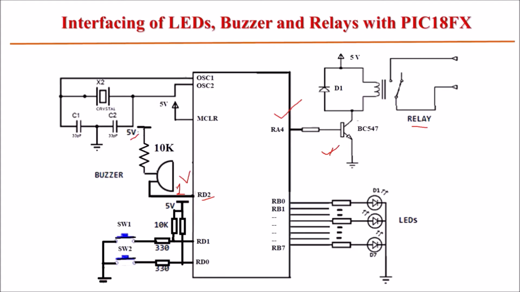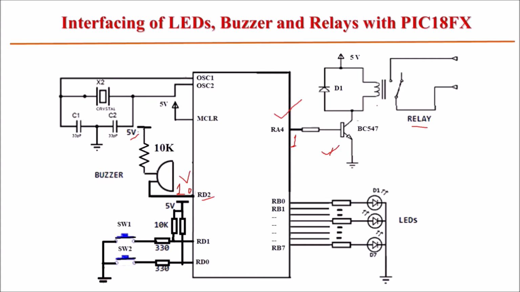So whenever we provide logic 1 through RD2, both terminals will be at the same logic level, so the buzzer will be off. But when we send logic 0, the second terminal will be connected to ground and the buzzer will turn on.